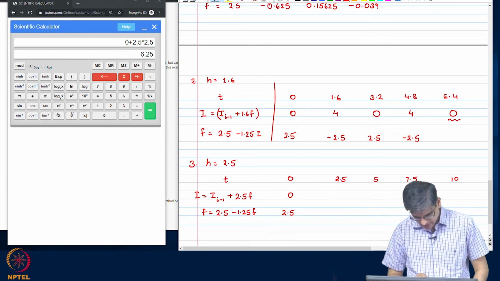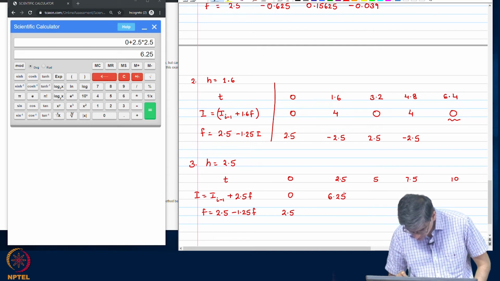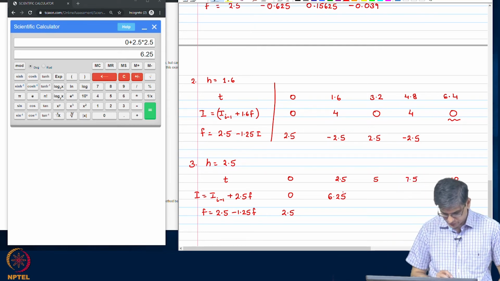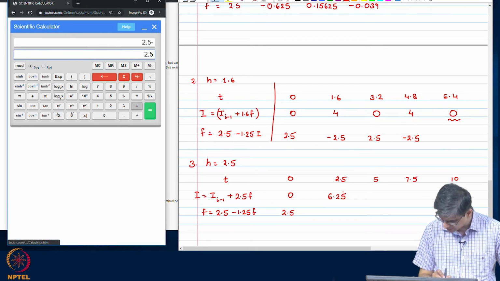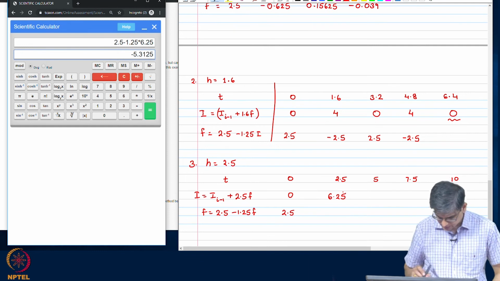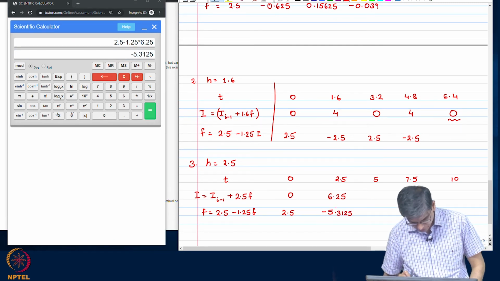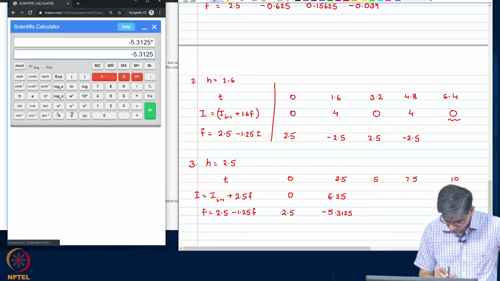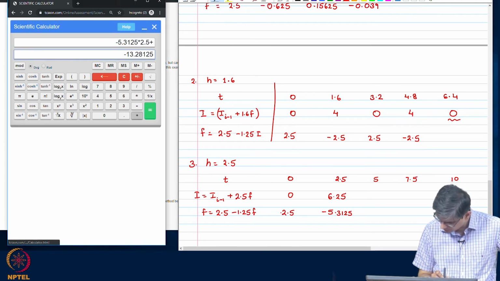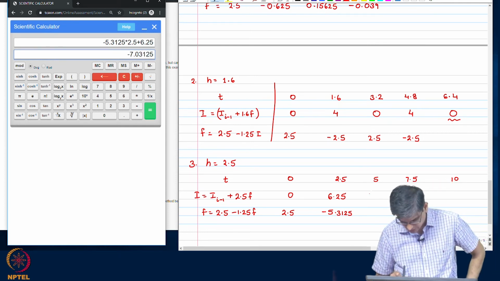I is going to be 0 plus 2.5 into 2.5, that is 6.25. F is going to be 2.5 minus 1.25 into 6.25, which is equal to minus 5.3125. Then minus 5.3125 into 2.5 plus 6.25 is equal to minus 7.031.